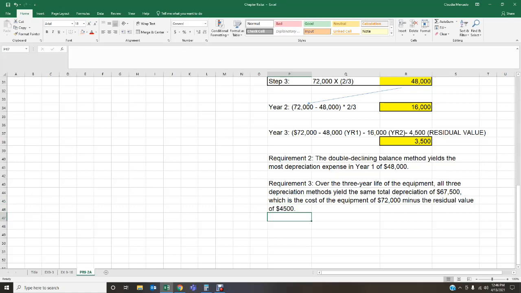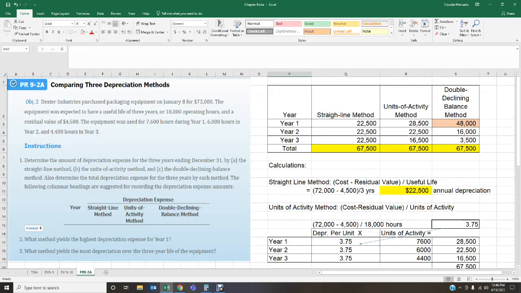Okay. So all three will yield you the same because we're depreciating the same asset.